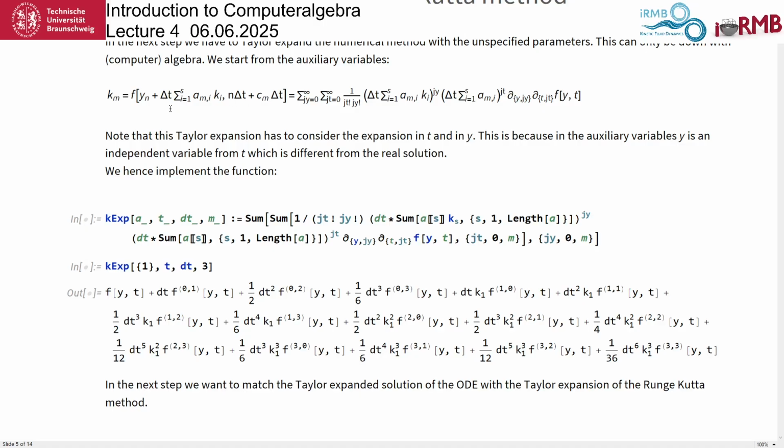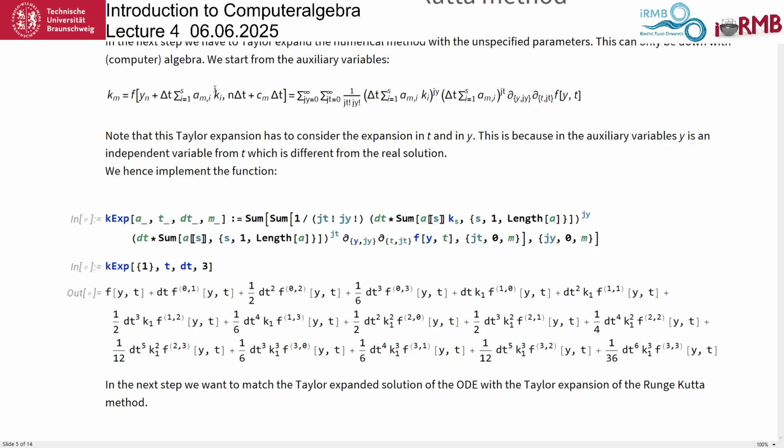And the thing is, we have here a relatively complicated smallness parameter. Because our starting point is yn, and then we move by delta t times the sum over i equal 1 to s of a m i k i, right?